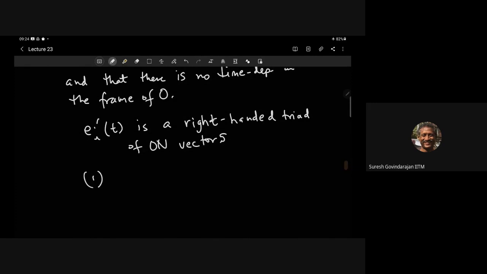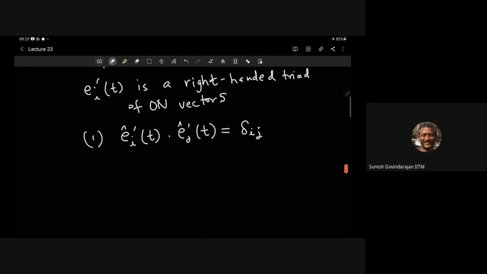The first property is orthonormality, which is e_i prime of t dot e_j prime of t. What will this be equal to? Delta ij. I didn't say j is not equal to i, right?